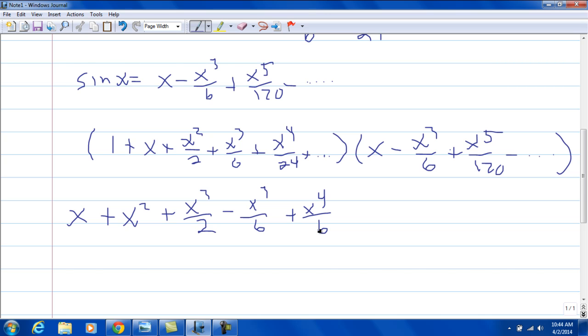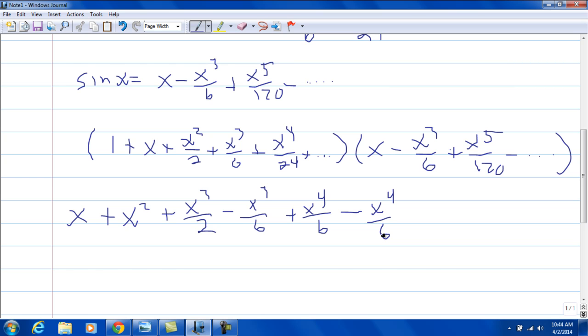Oh, right there, x to the 4th over 24 is already there. Oh, there we go, x times x cubed over 6. So it's going to be minus x to the 4th over 6. So I have my x squared, x cubed. If you notice the x to the 4th, that's going to go away because it just subtracts out. So we're going to have to go to an x to the 5th, because we need the first 4 non-zero terms.